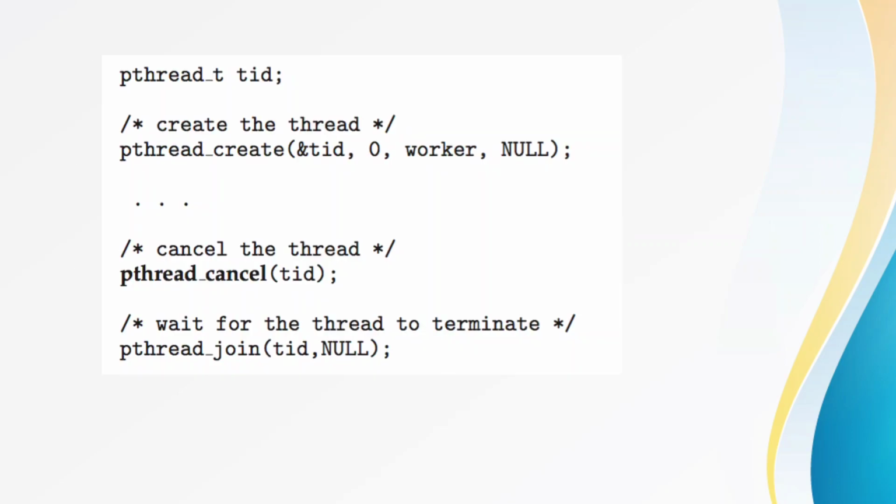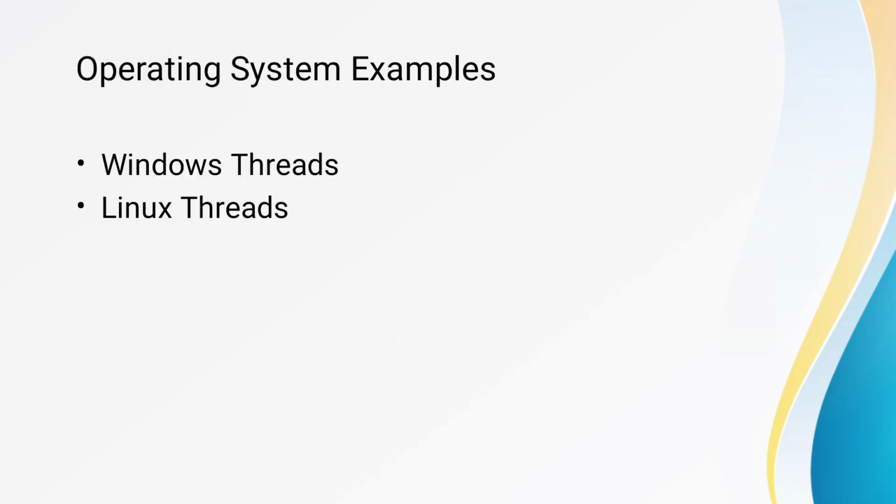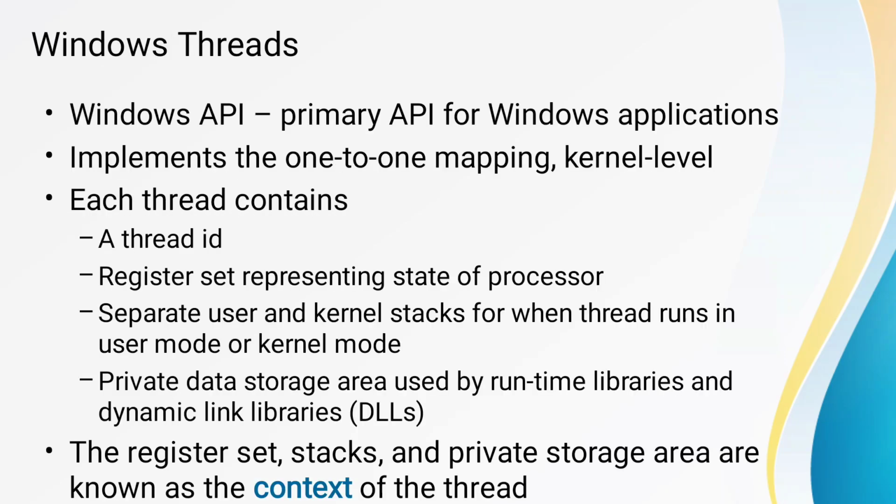So this is about how to cancel the thread. Then the operating system examples are Windows threads and Linux threads. In Windows threads, the Windows application programming interface is the primary interface for Windows applications. It implements a one-to-one mapping at kernel level.